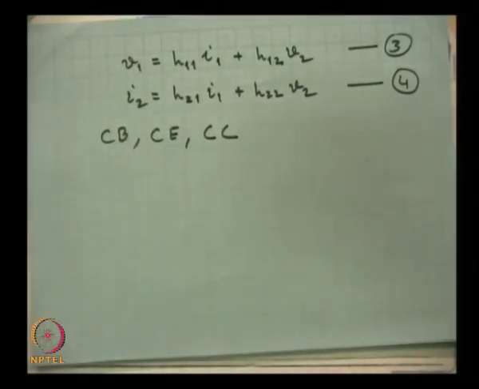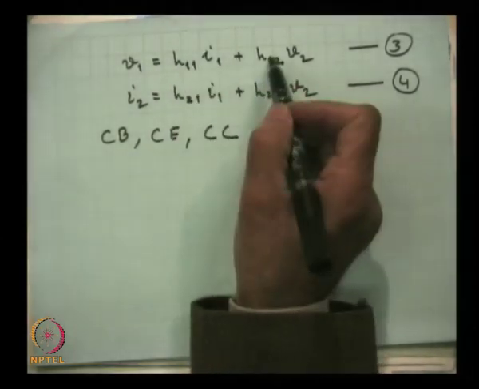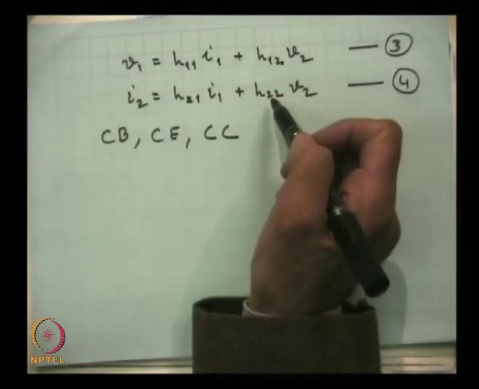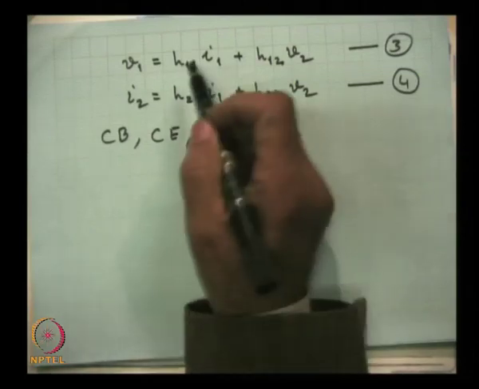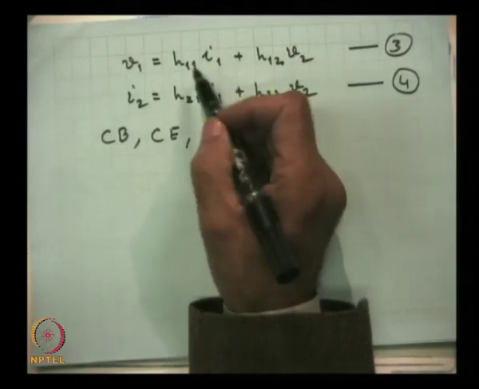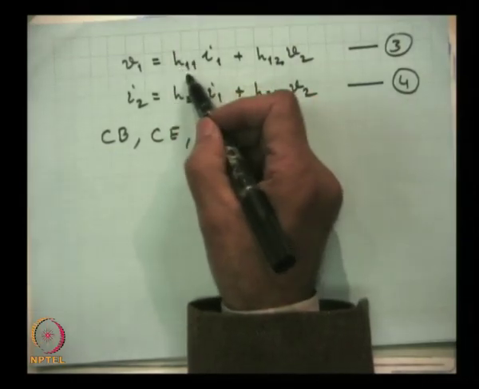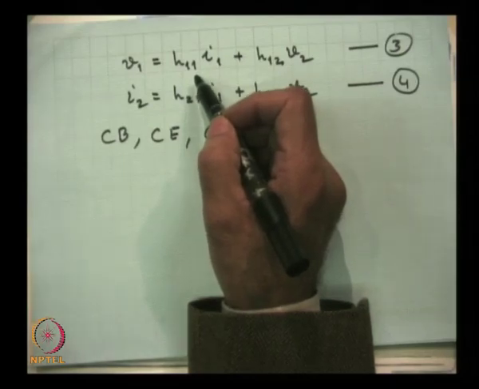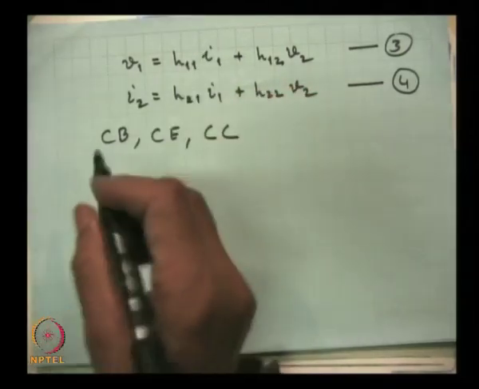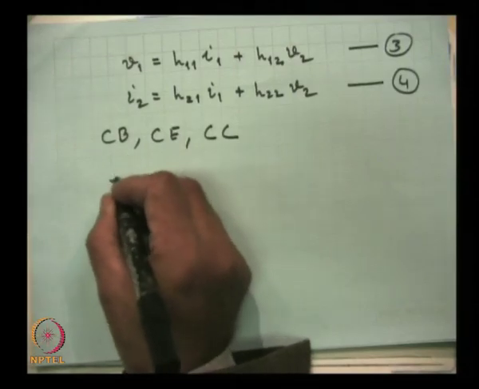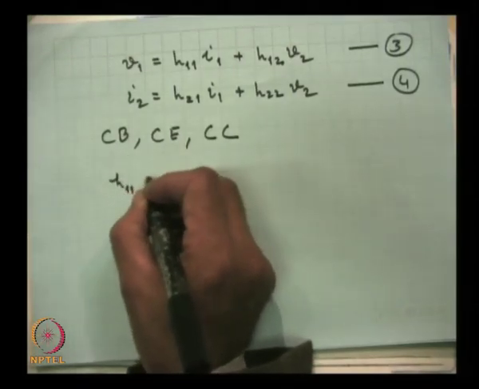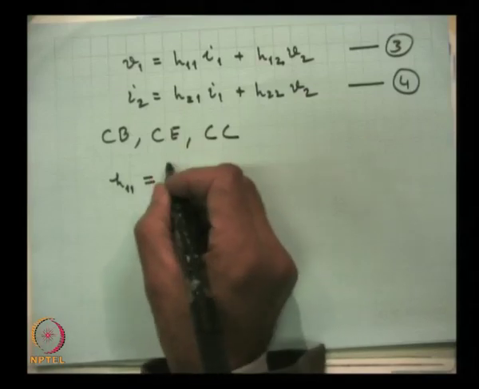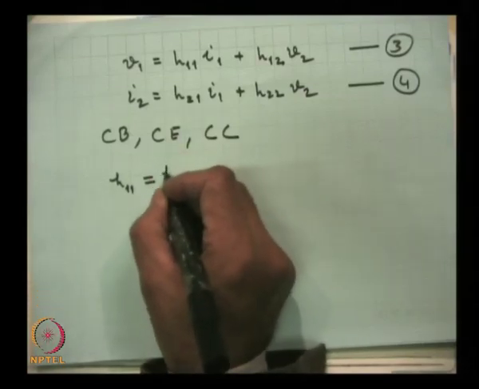And these are the 4 H parameters, and the hybrid nature of these parameters will soon be clear. As I said, H11 has the dimensions of impedance. So, H11 is often written as H I.